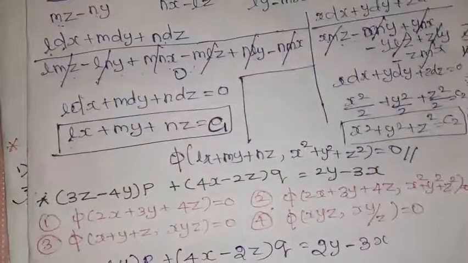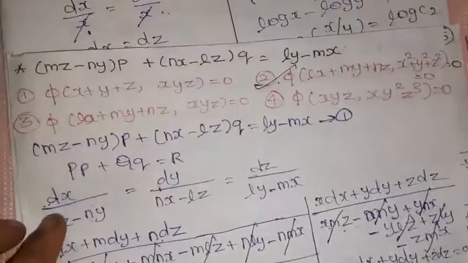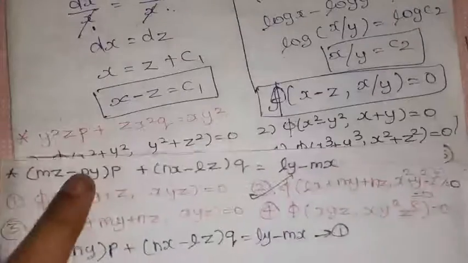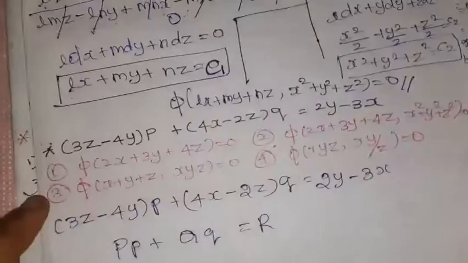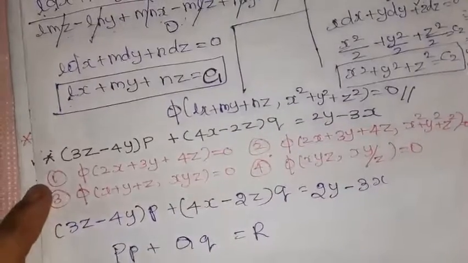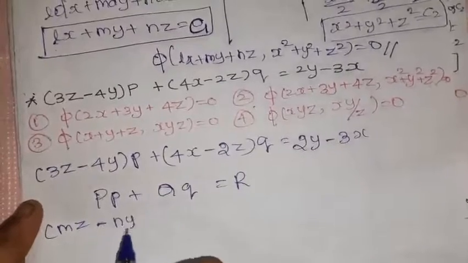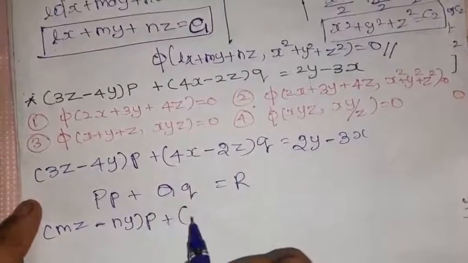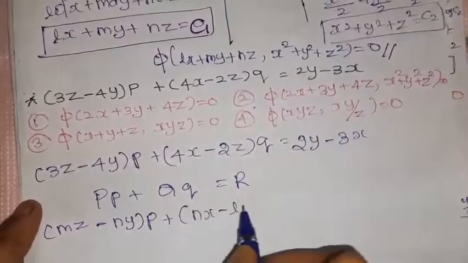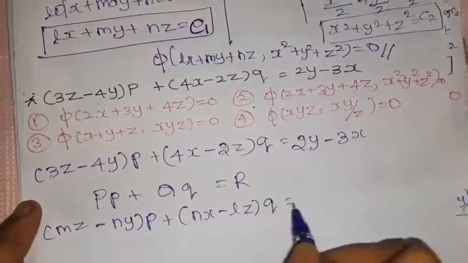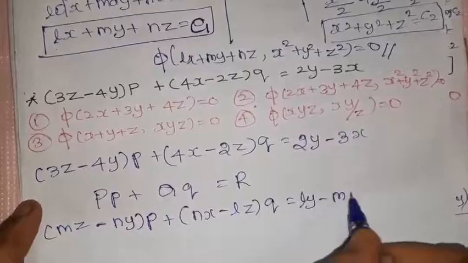So by comparing with the previous question, I am writing the previous question here: (mz minus ny) p plus (nx minus lz) q equal to (ly minus mx).